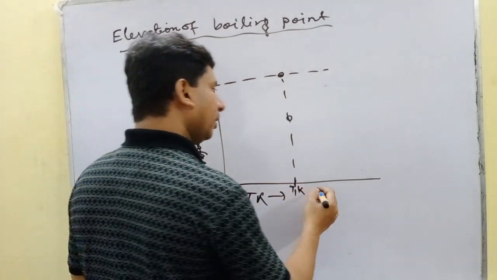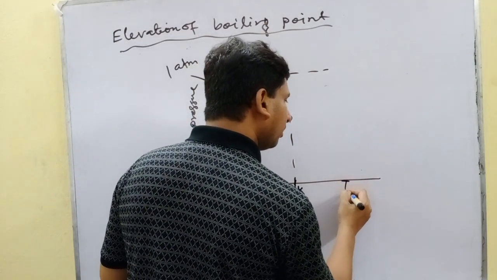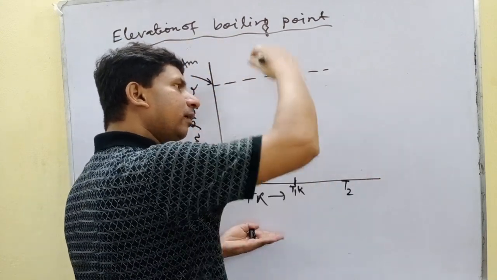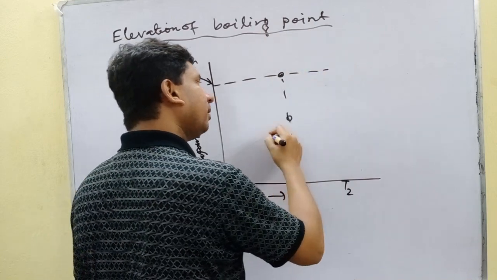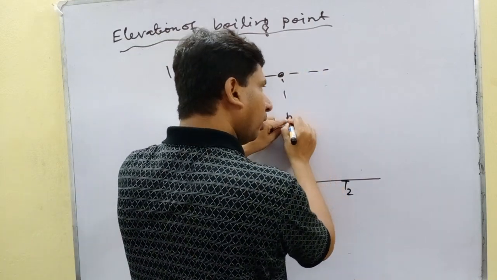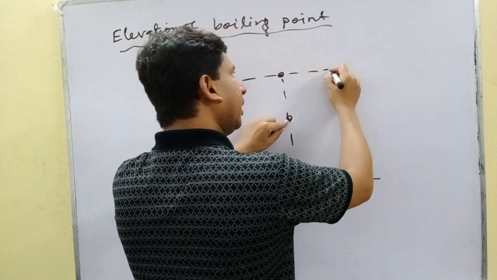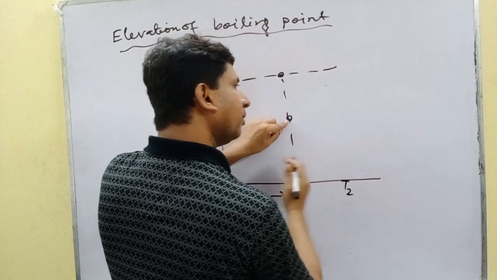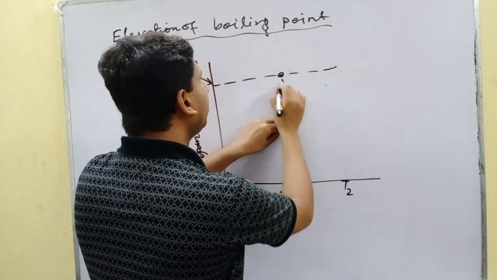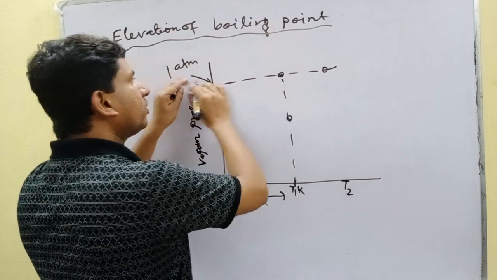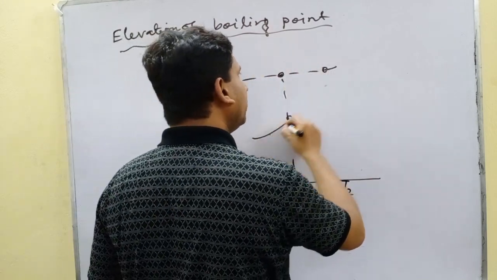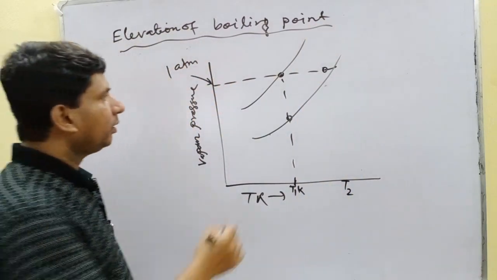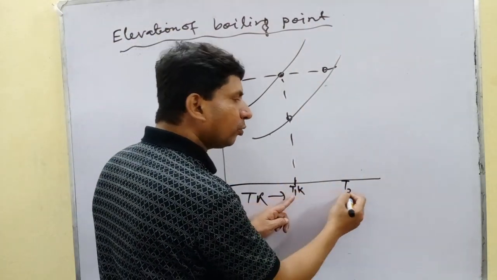If we increase the temperature, then the number of vapor particles increases, that means pressure increases. Since the temperature is shifted to the right-hand side, when pressure is 1 atm, in this way we get the vapor pressure increase from temperature T1 to T2.